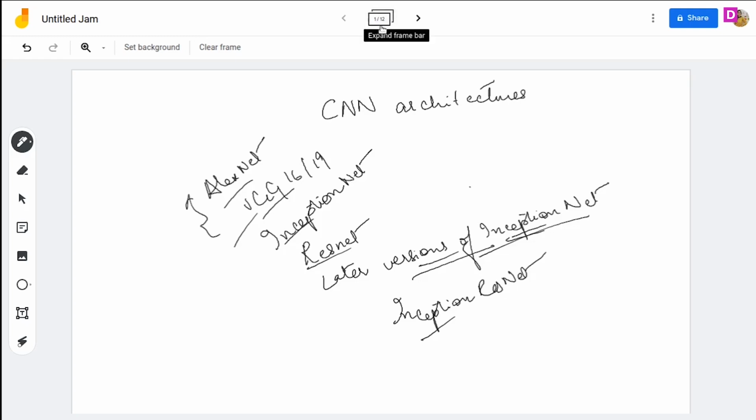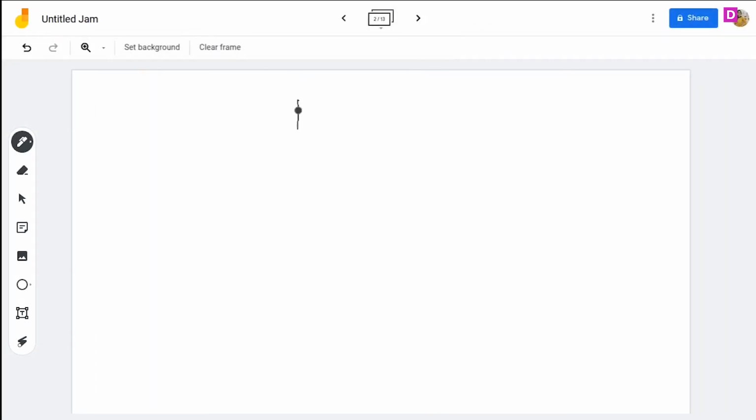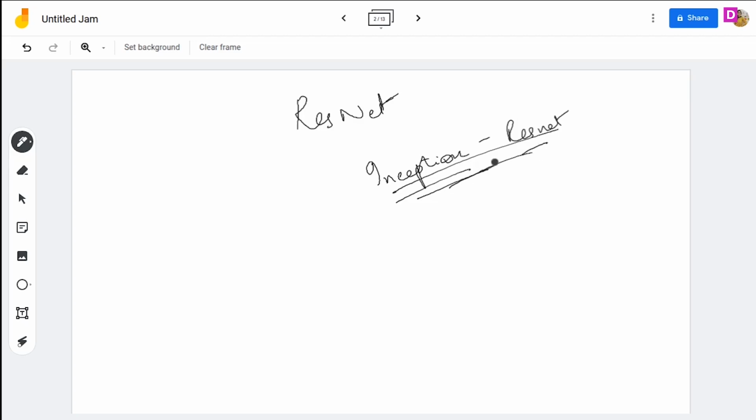So today we will be discussing different types of ResNet, later versions of ResNet actually. Obviously Res stands for residual net. The main important advancement of ResNet was when it got combined with InceptionNet, which was Inception ResNet, because it gave really good results, better than most results.